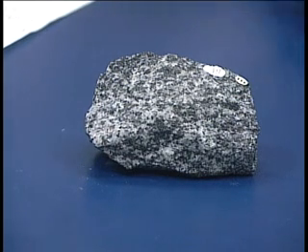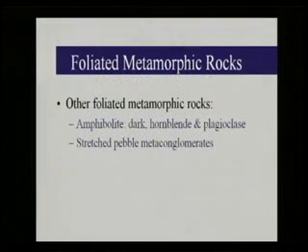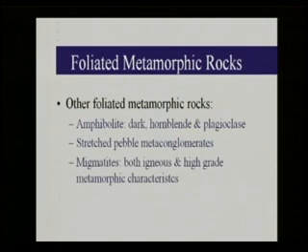We also have other types of foliated metamorphic rocks, including stretched pebble metaconglomerates and migmatites. Migmatites have both igneous and high-grade metamorphic characteristics. We try to file rocks that are formed on the earth in nice, neat categories: igneous, sedimentary, and metamorphic.